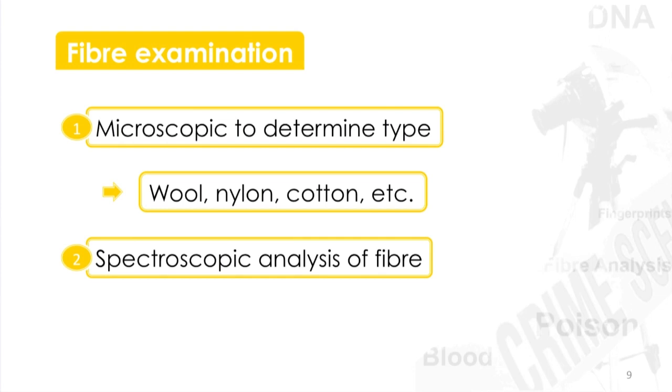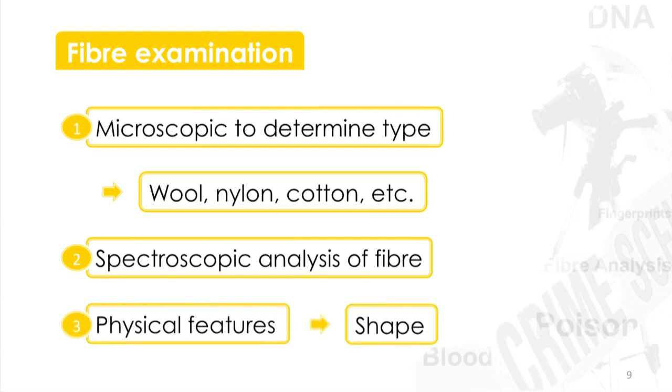With microscopy, you can also look at physical features such as the shape of the fiber. Now, for some fibers, specifically the synthetic fibers, the shape is characteristic of the manufacturing, which we'll talk about in a moment. Now, most synthetic fibers will originally be colorless, but we like to have colored fibers in our clothes.